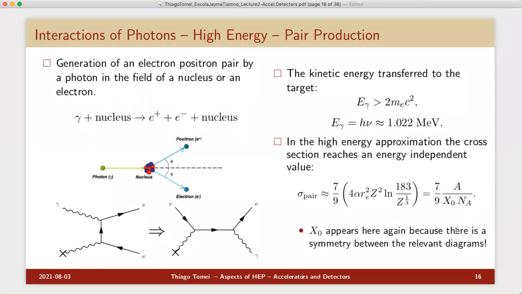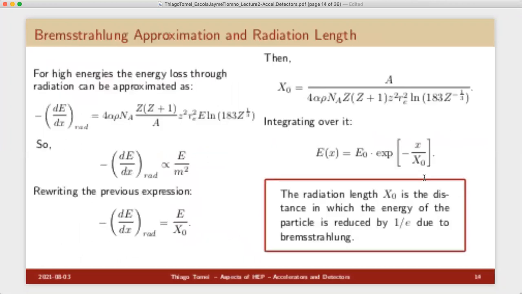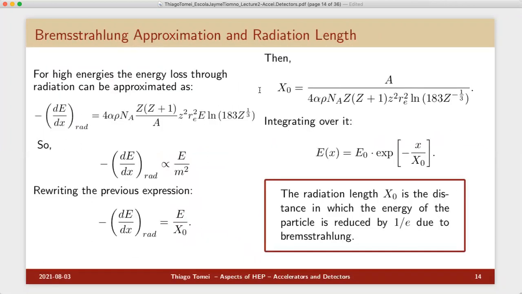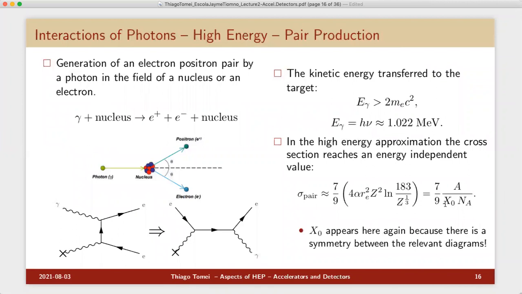But it can be put in this form here, which again has the x0, the interaction length, the same one that we defined here, right? In this expression. Again, because of the symmetry between the processes.